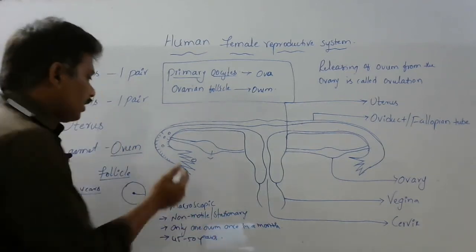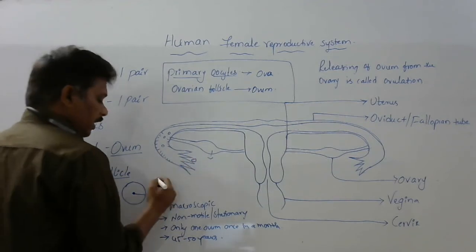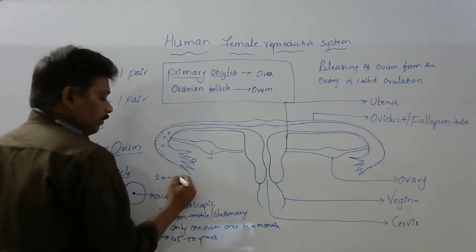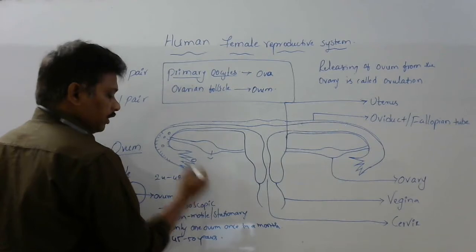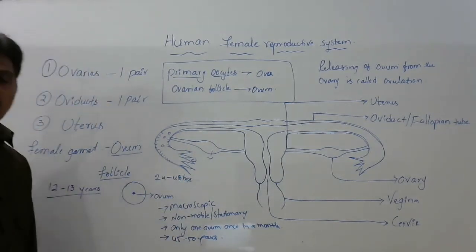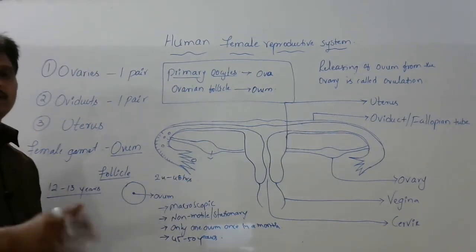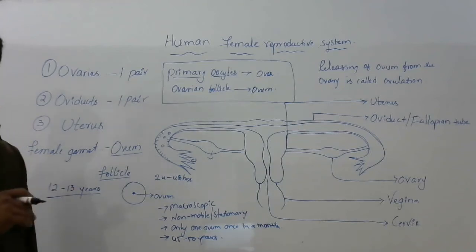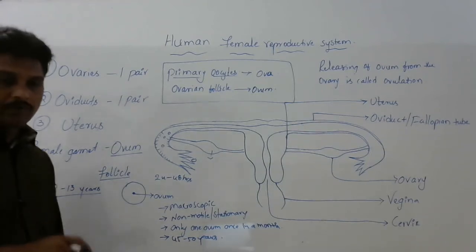After releasing ovum from the ovary, it can survive 24 to 48 hours. Later it disintegrates, it dies itself. Now we will see here one thing.